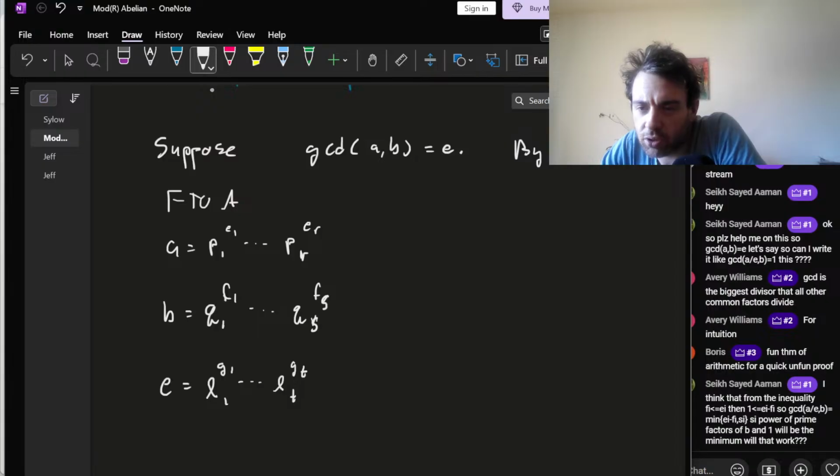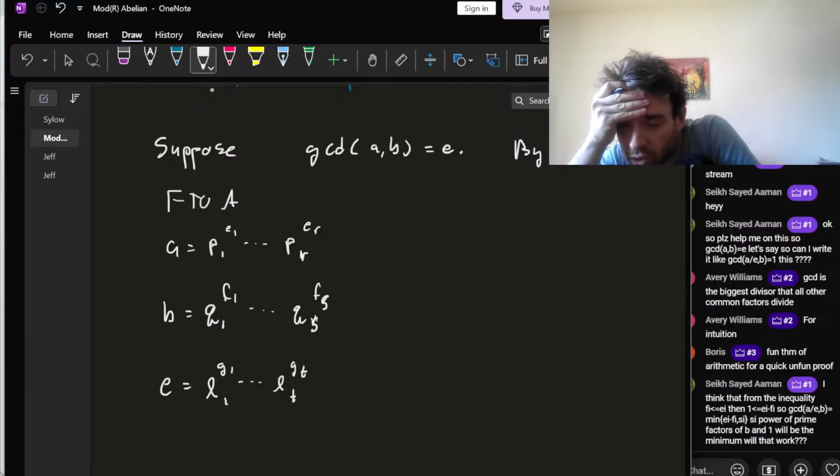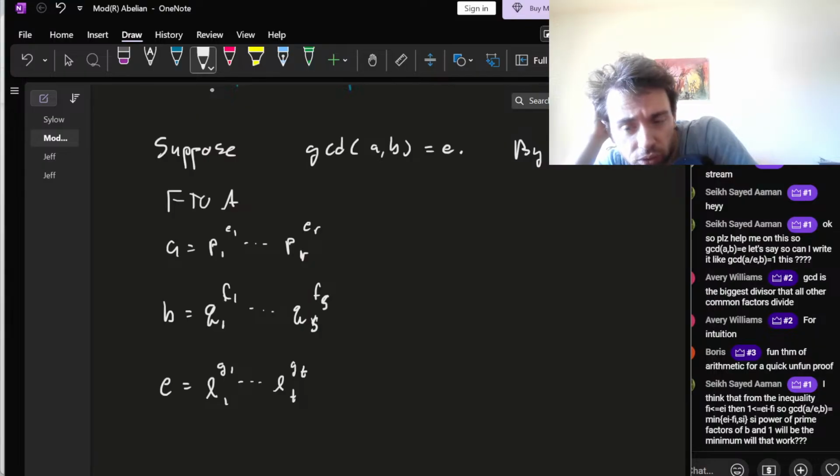You think from the inequality will be the minimum? Will that work? You think from the inequality Fi less than or equal to Ei, then I don't see how your second inequality follows.